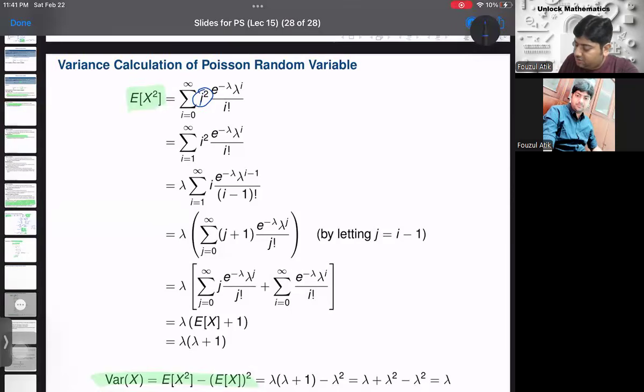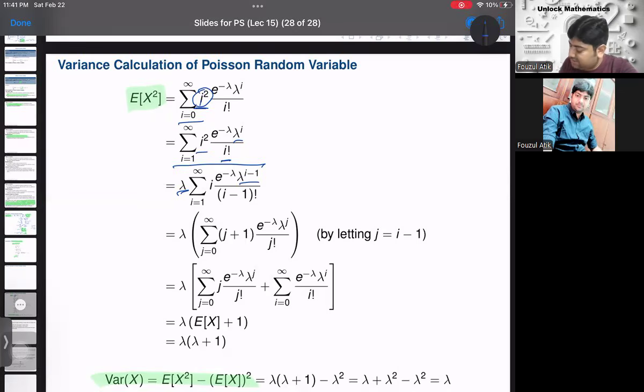Because i equal to 0 will make this term 0, I can take i equal to 1 to infinity. After that you take one lambda outside, so it is lambda power i minus 1, and then one i we can cancel out with this i factorial, so in the denominator it will be i minus 1 factorial, and above one i will be there.